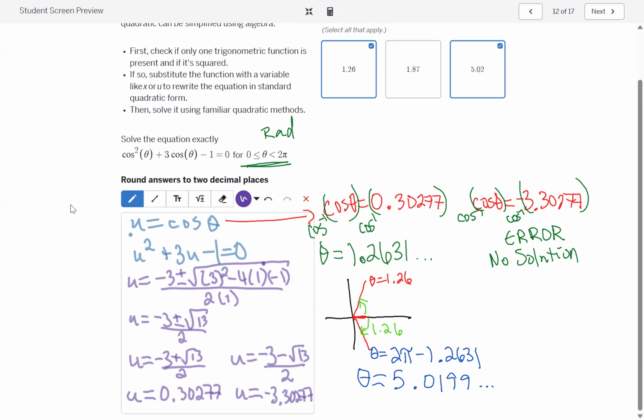And depending on the context, you might actually say 1.26 and negative 1.26. Those might be the 2 answers that make the most sense in the context you're going with. Or you might convert them to degrees, or really you convert them to gear rotations usually.